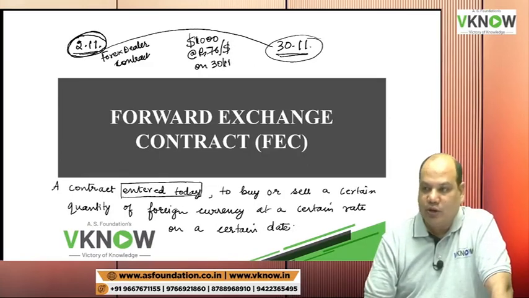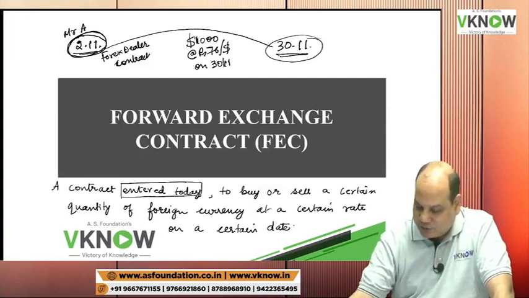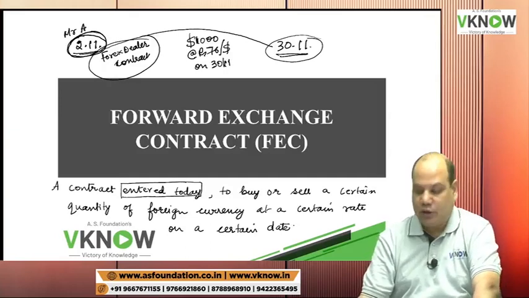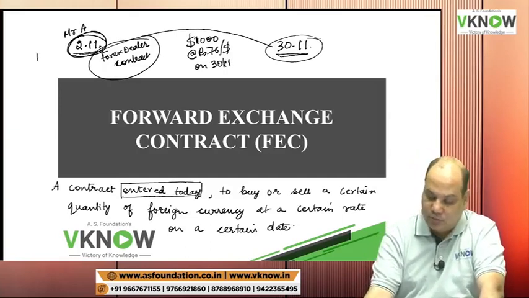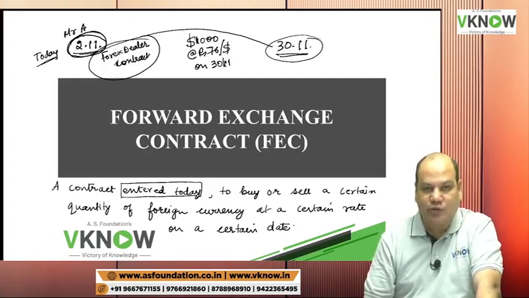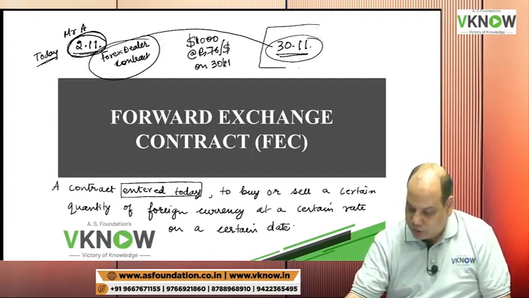Let us call him Mr. A. Mr. A goes to a forex dealer and enters into a contract today, that is 2nd November, to purchase $1,000 at the rate of 76 rupees on 30th November. On 30th November, what will happen?